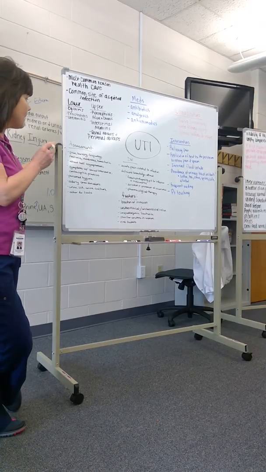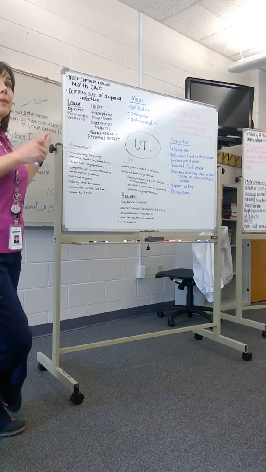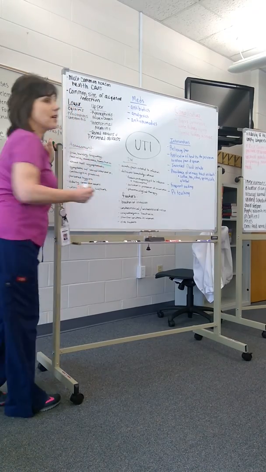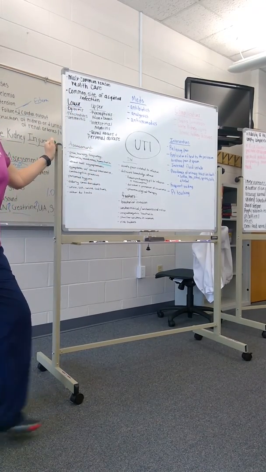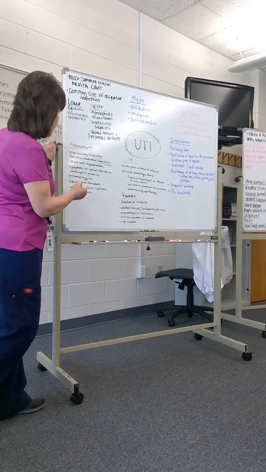So they may have incontinence of urine. Blood may be showing up in the urine, okay? And this might be microscopic hematuria, which we would have to get a urinalysis for, or it could be gross blood. When I say gross blood, that means it's visible, okay? So we can see gross blood in the urine.